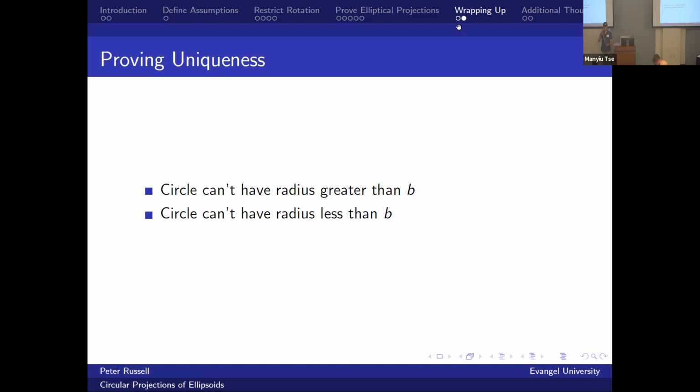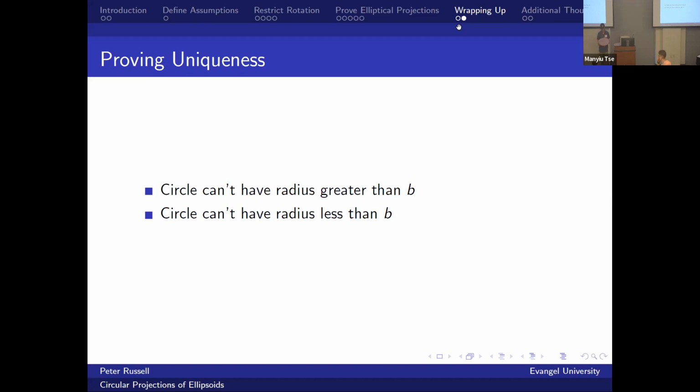So if we imagine any rotation that we rotate this thing through, we can imagine slicing it with the XY plane. So any orientation we put this in, we're slicing it through the center by the XY plane, since we're projecting onto the XY plane. And if we look at this, any line that goes through the center of an ellipse has to be greater than or equal to the length of this shortest axis, because this is the shortest distance you've got.